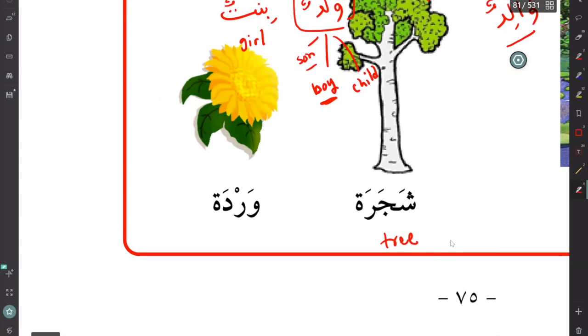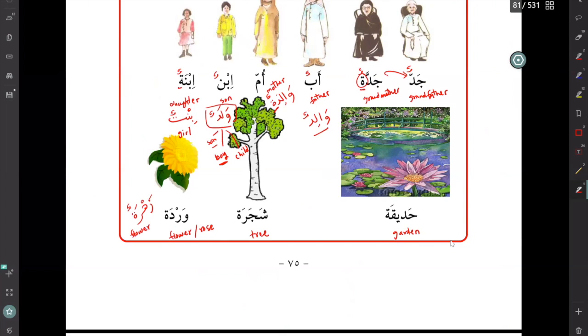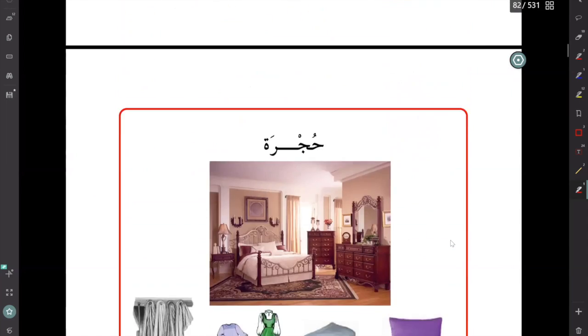It can refer to a flower, but warda usually refers to a rose, which is a flower, but warda is specific to rose. Zahra is any standard flower. Zahratun. But you can use warda for flower as well, no problem. جيد. So we have the next.